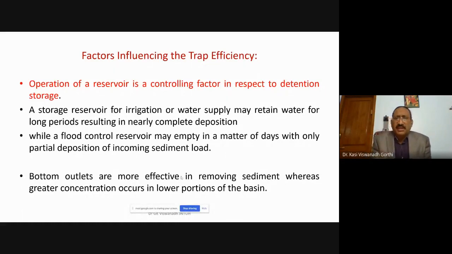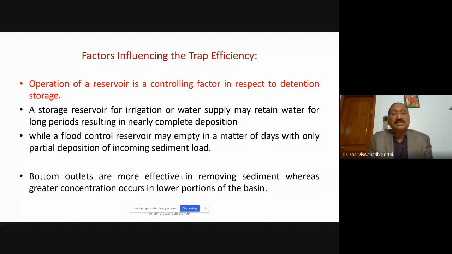This is going to be a very controlling factor in respect of the detention storage. A storage reservoir for irrigation or water supply may retain water for long periods, resulting in nearly complete deposition. The suspended particles available at the relatively higher zones in a reservoir, if the water is stored there for a longer period, will also try to settle down on the reservoir bed.